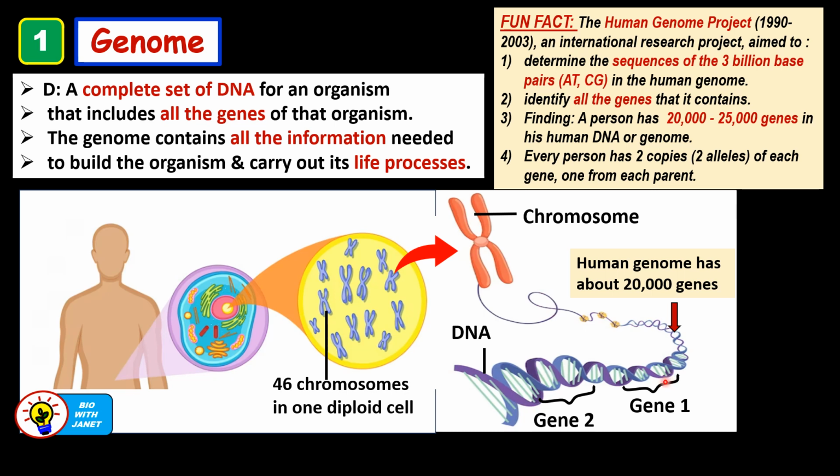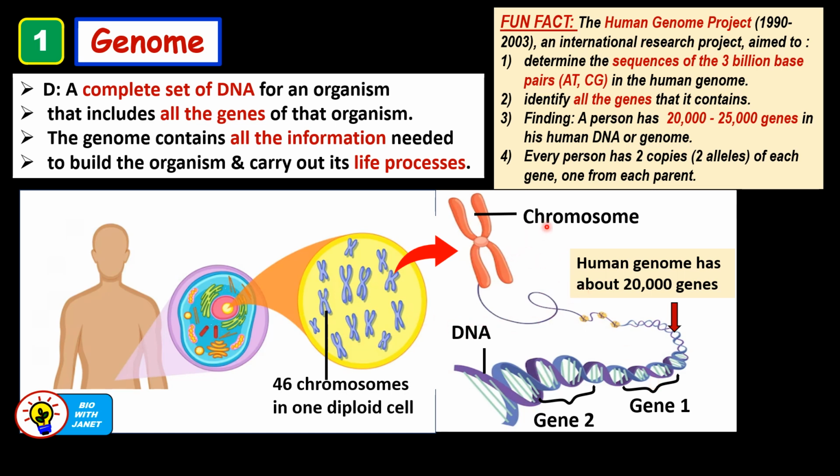So a genome is the complete set of DNA for that organism. For example, for humans, that includes all the genes of the human, such as genes for eye color, genes for blood group, genes for height, and so forth. So the genome contains all the information needed to build the organism, the human being, and help it to carry out its life processes. Okay.